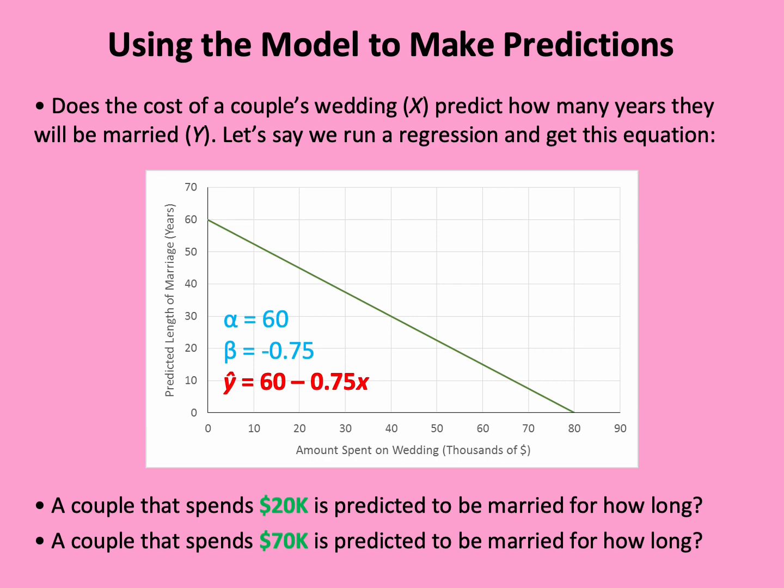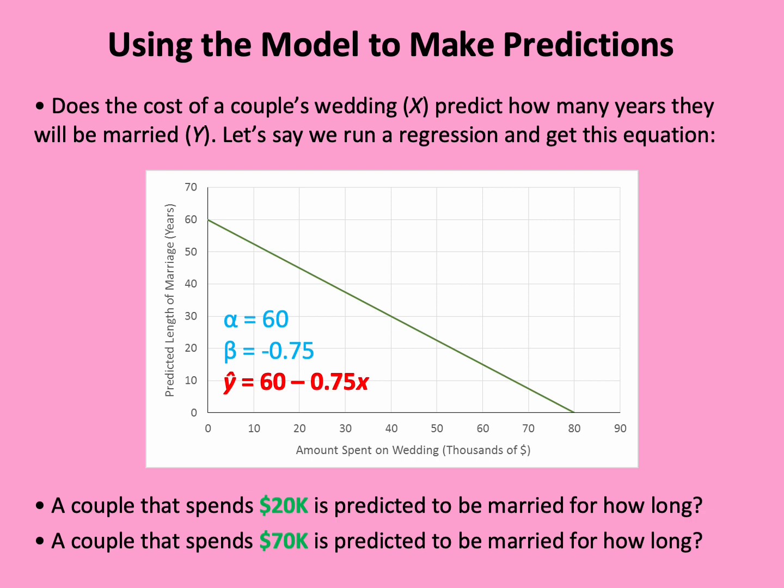And then if we go to our first calculation, where our given value of x is 20, the line intercepts halfway between 40 and 50, which is equal to 45.